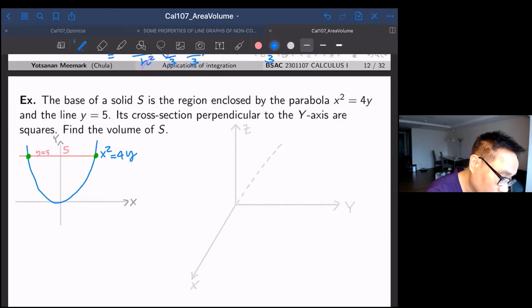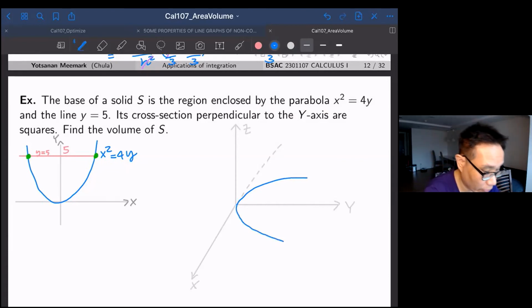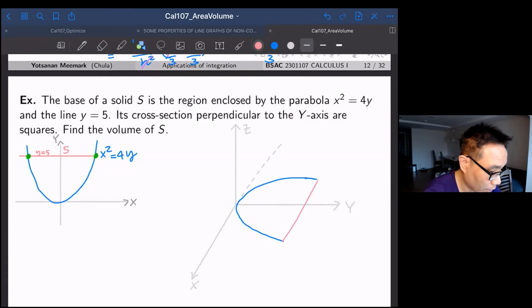So you have the parabola on the floor like this. And the line y equal to 5 will be this straight line.